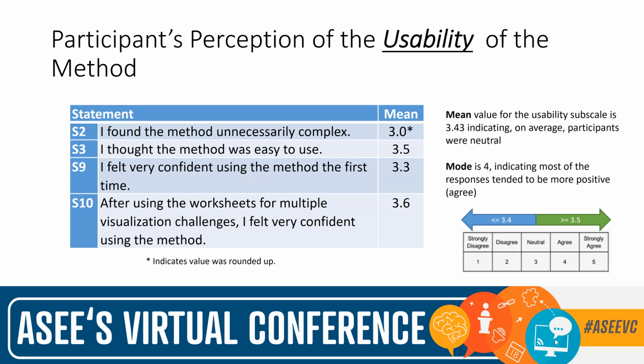For this study, a neutral value of 3.5 or higher is considered a favorable response, leaning more towards agree. A neutral value between 3 and 3.4 is considered leaning more towards disagree.